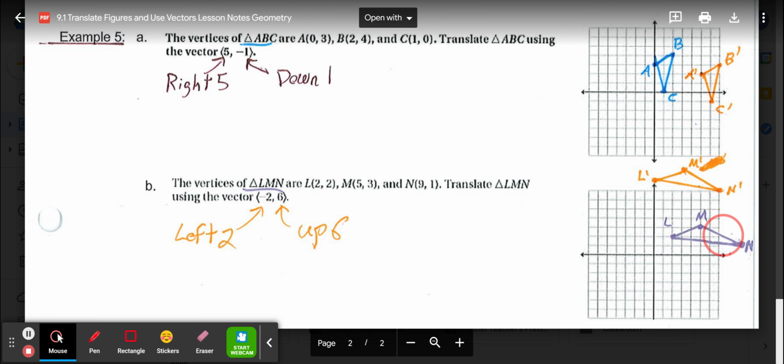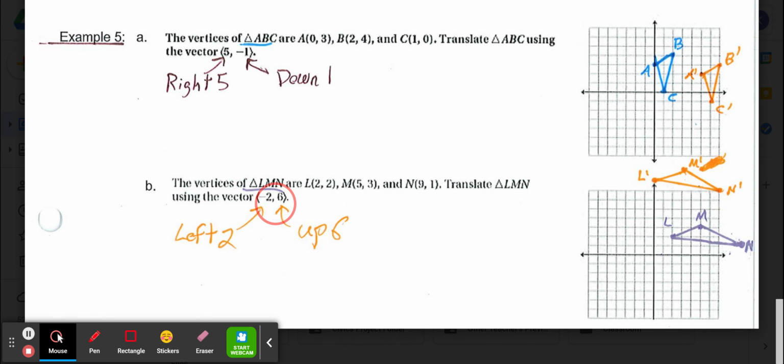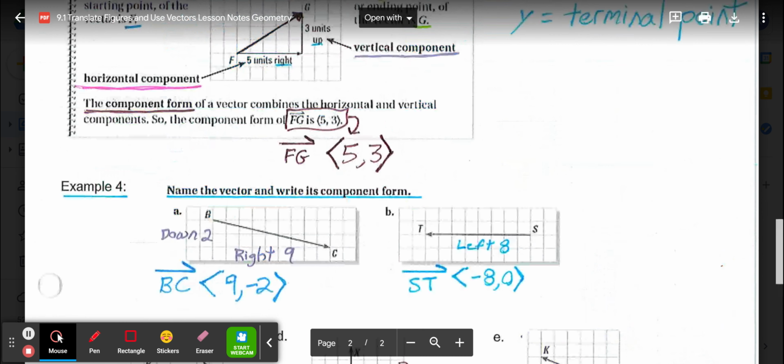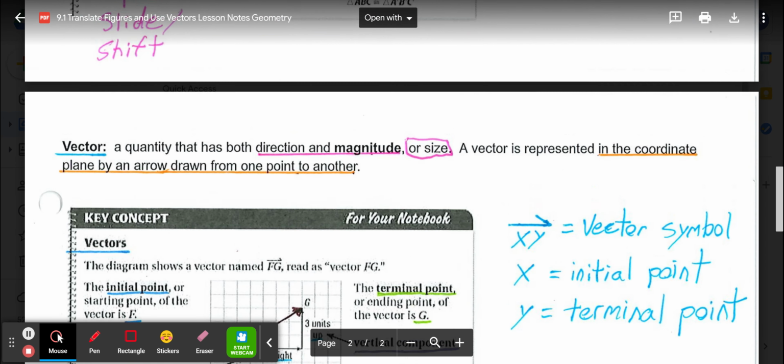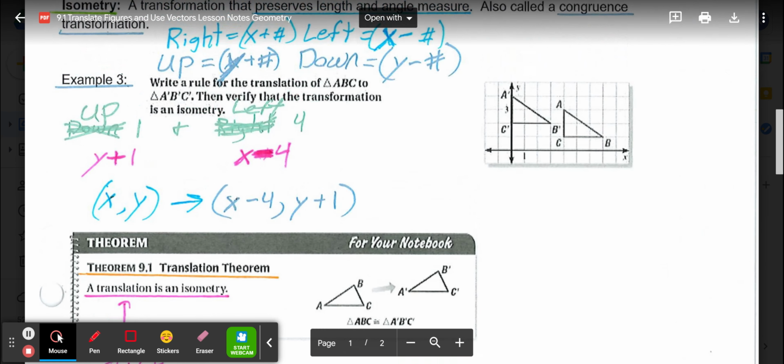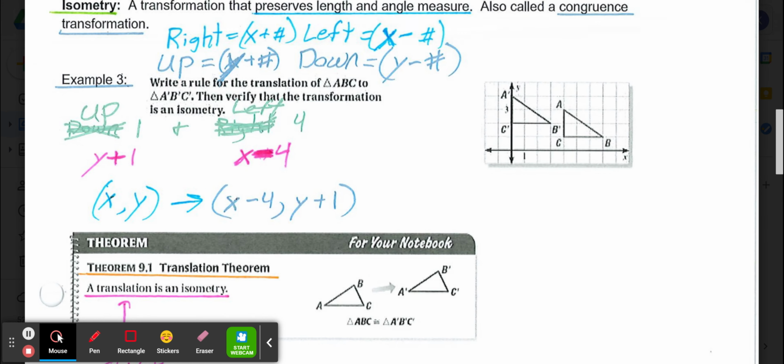Take N, left 2, up 6. Label your points, L prime, M prime, N prime. Connect your points, and we have our image right here. So vector notation, or component notation, I should say, component form for the vector, or our translation rules, both can be used to translate a figure.